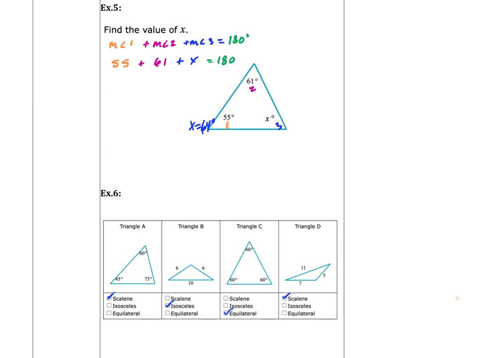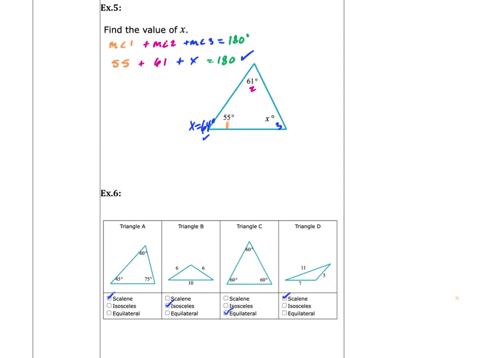Okay, so here's your answers. You should have set up the equation, at least that much of an equation, and then you solved it and got x equals 64 degrees. Okay, and then triangle A is scalene because none of the angles are the same, which means none of the sides are the same.